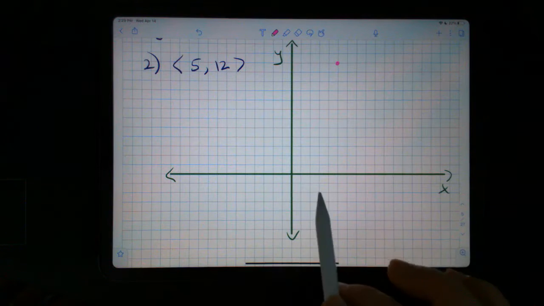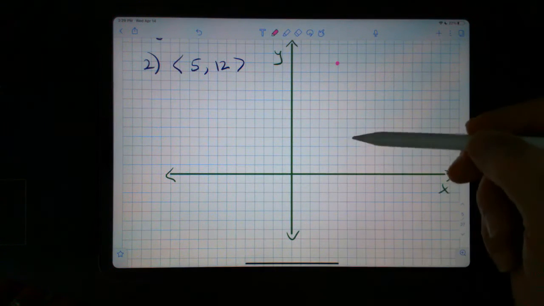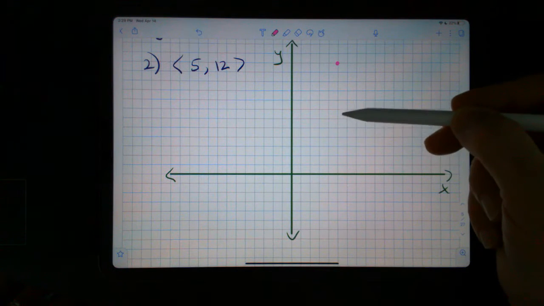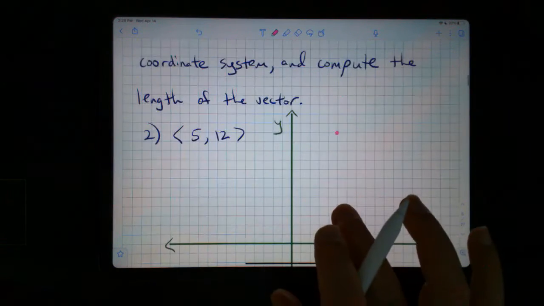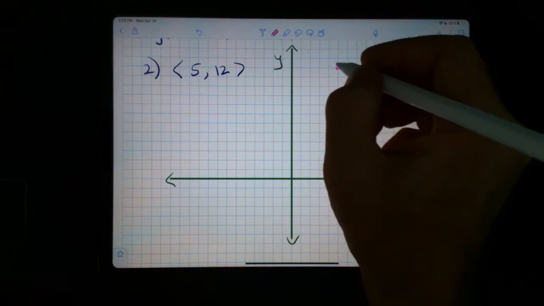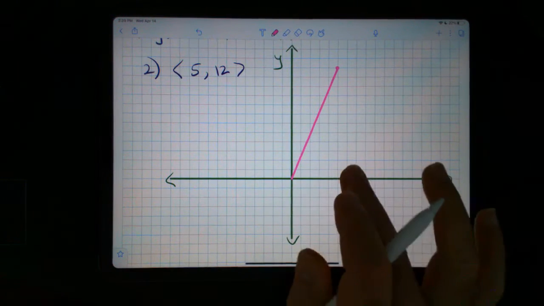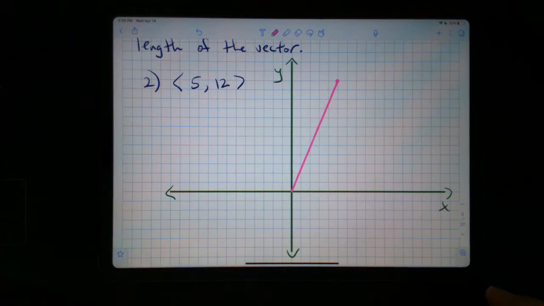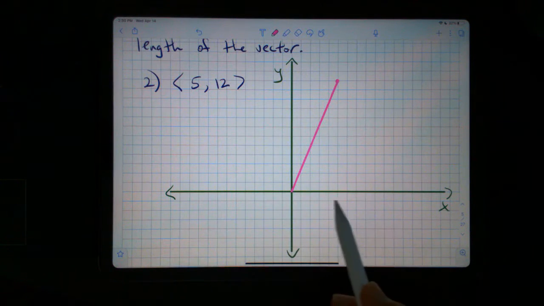That should be over 5 and up 12. Okay, that is the vector. It has x coordinate of 5 and y coordinate of 12.